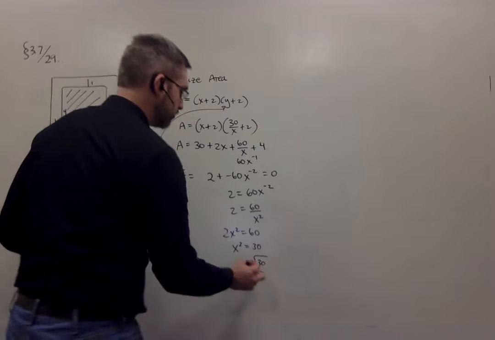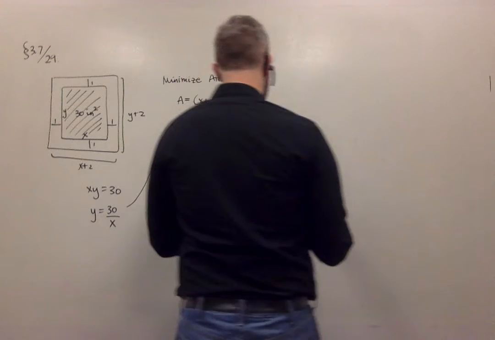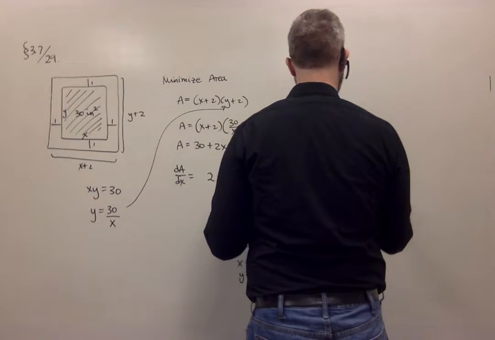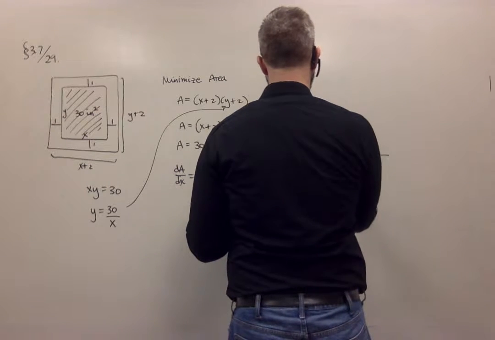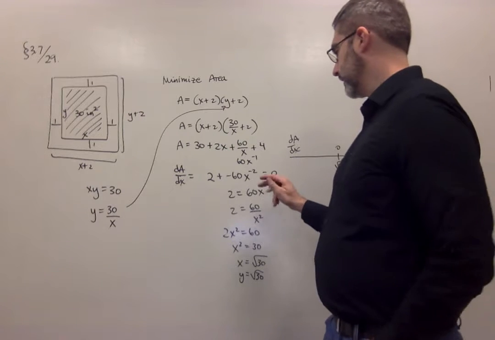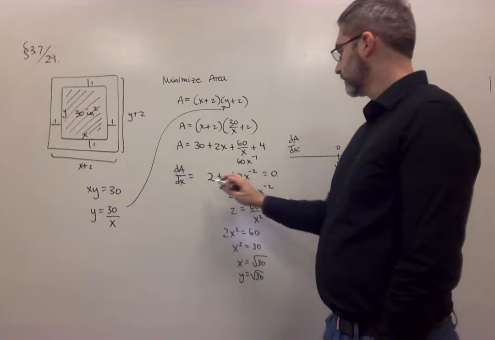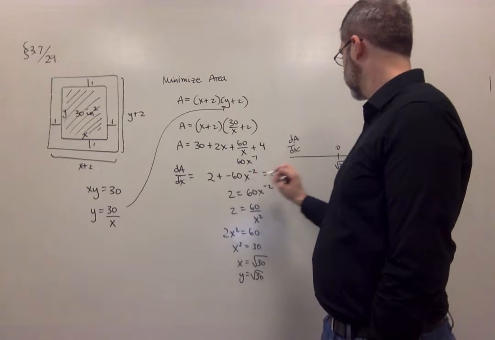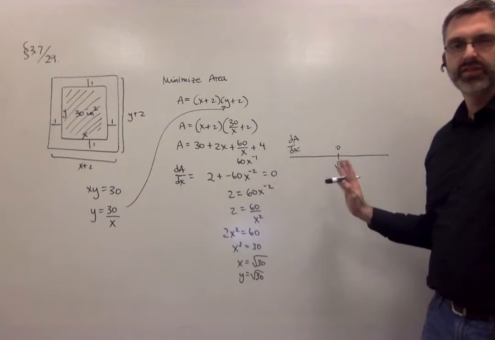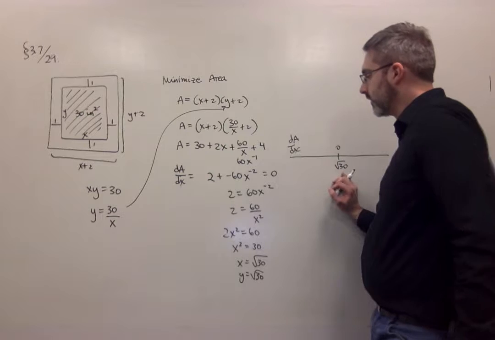Now let's check and make sure that we actually got a minimum here, because that's where the derivative is 0. So if X is, so square root of 30, square root of 25 is 5, so square root of 30 is going to be a little bit bigger than 5.